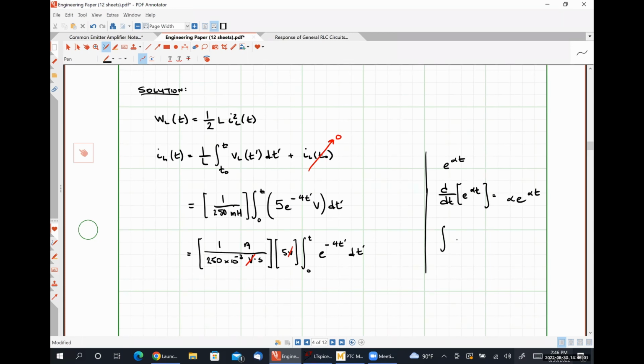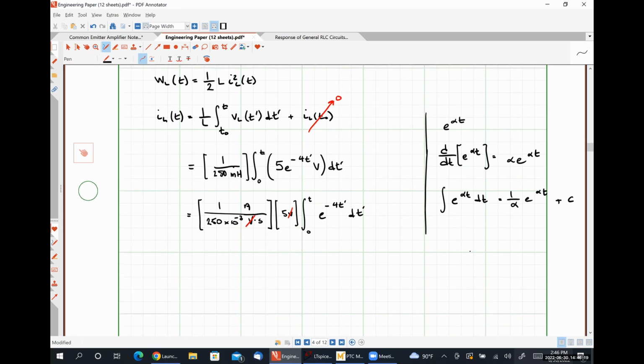The integral of e to the alpha t dt is 1 over alpha e to the alpha t plus c.